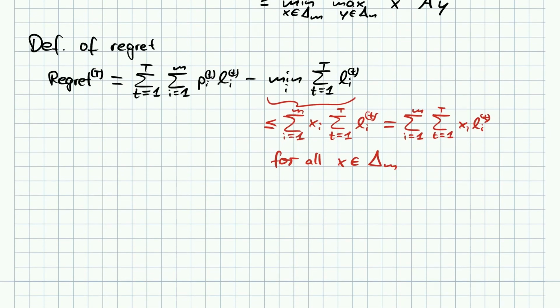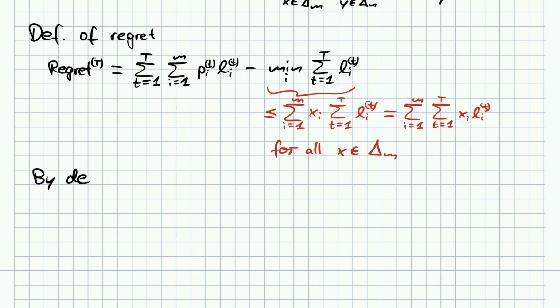By our definition of LT, if we take the sum over all strategies, or sum over all rows, xi times lit, this will be exactly x transpose times A times yt. Good. So this holds for all t.